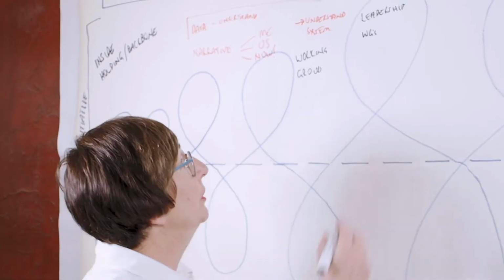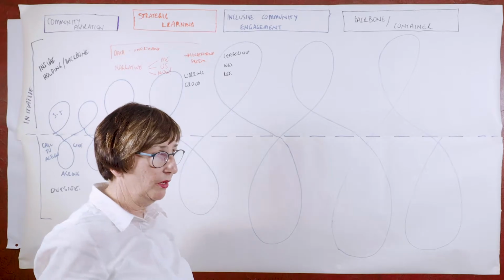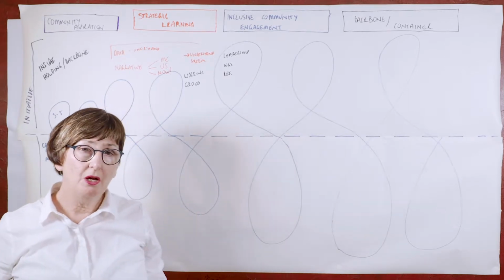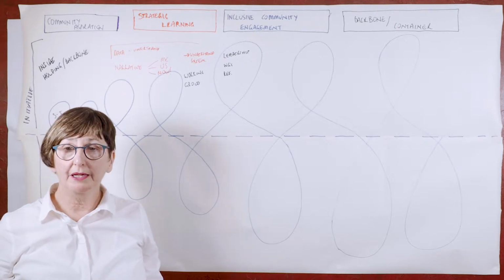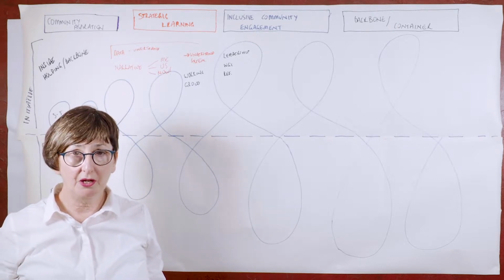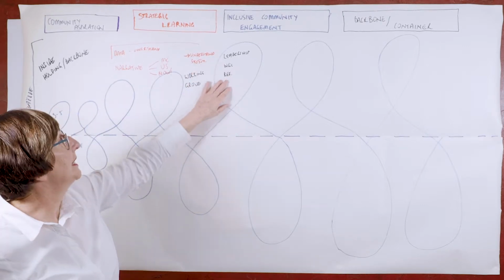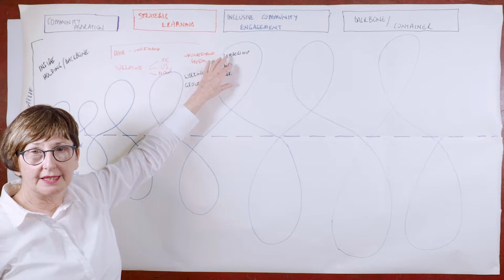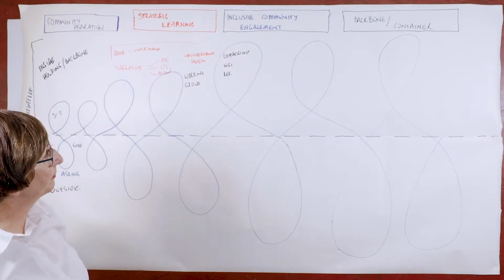So for example, in Go Goldfields, which was a work that I was a part of in Central Victoria, we had a family violence reference group that was only made up of women with lived experience of family violence as a way of getting their voice into the work. So really some of that depends on what is sitting in your community and how you can get the voices into the work that you're doing.